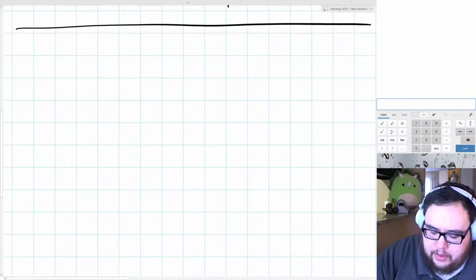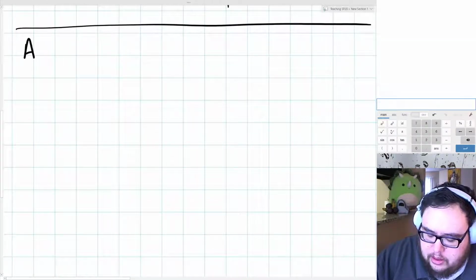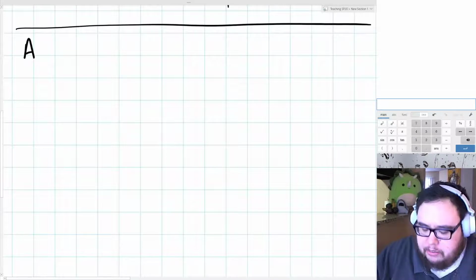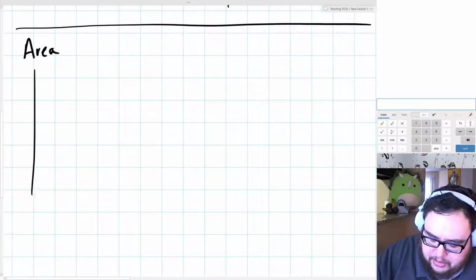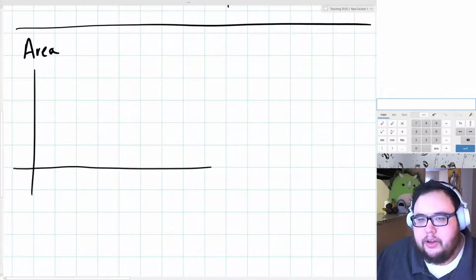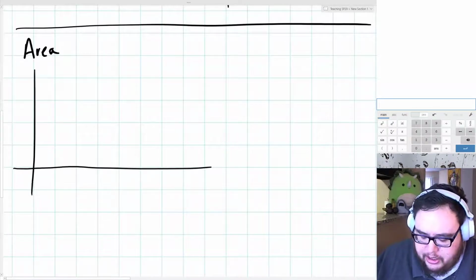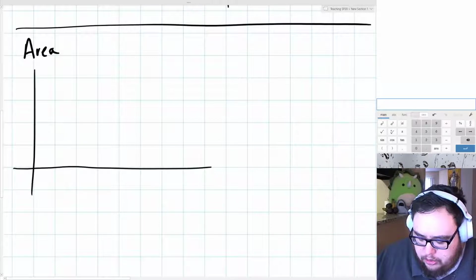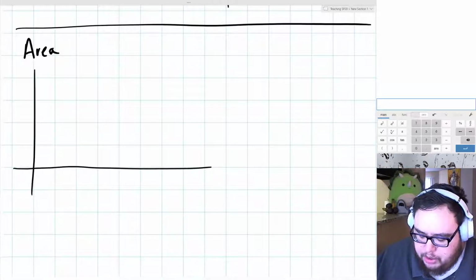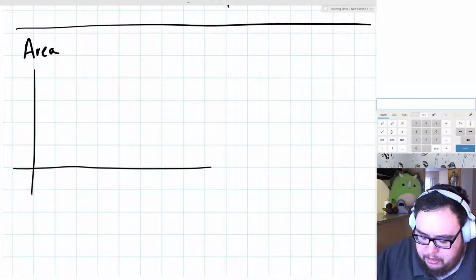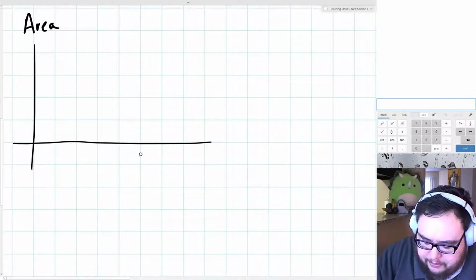So area is a problem that people have studied for a very long time. The area of different geometric objects is something that the Greeks were very interested in. And when our curves represent known geometric objects, then this problem is pretty easy, right?